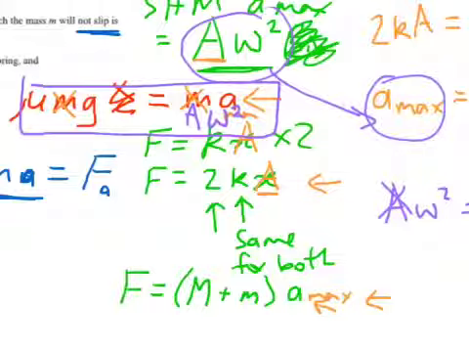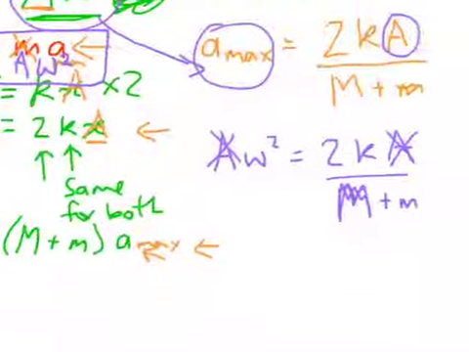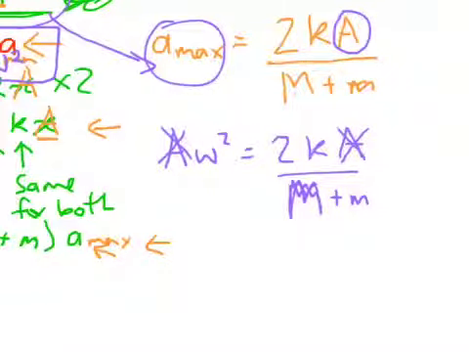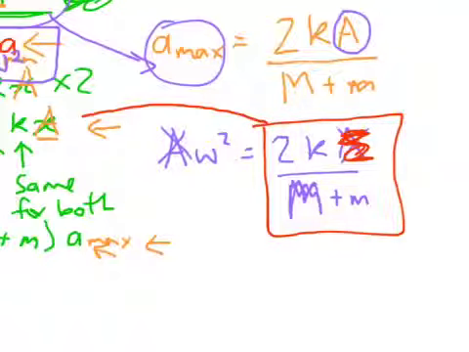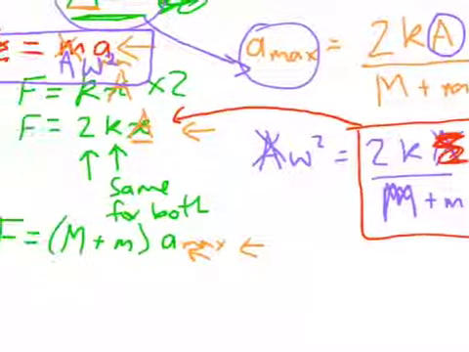So we can then use that part to substitute in for that omega squared. So we can take this here, that's the 2k over M plus m, and substitute that in for the omega squared part over here.